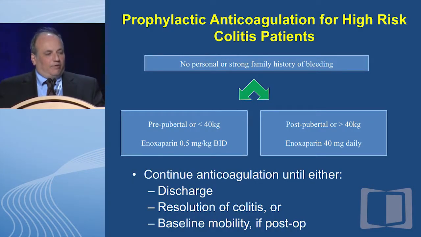So how do you prophylax patients? Well, if there's no strong family history of bleeding and the patient is under 40 kilos, you can use a low molecular weight heparin dose of 0.5 milligram per kilo twice a day. If they're an adult, there are different guidelines, but one guideline suggests just using a single daily dose of low molecular weight heparin.